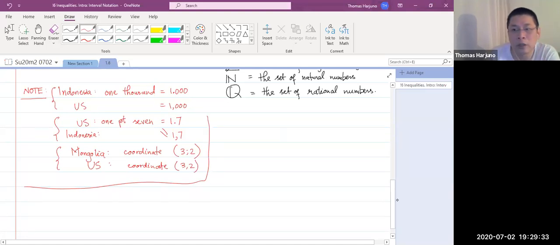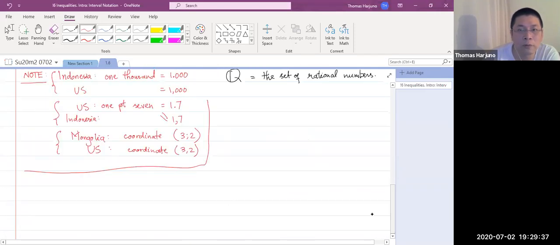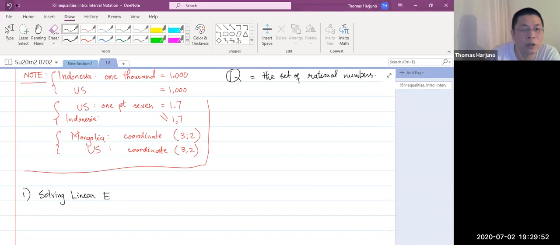Now that's for interval notation. Now let's go on to the first topic, solving linear inequality. Why do I keep on saying equation?